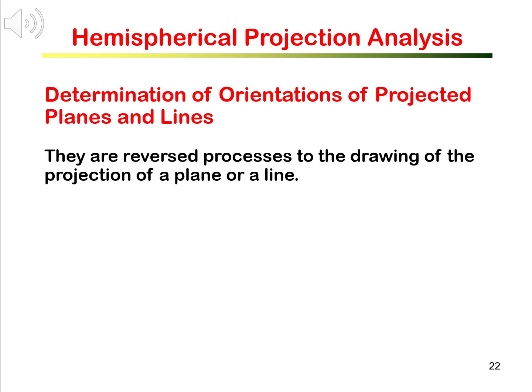I will not specifically show you here, but we will encounter this in the examples later, and you will be seeing how the orientations of the plane and the lines are determined through projection.